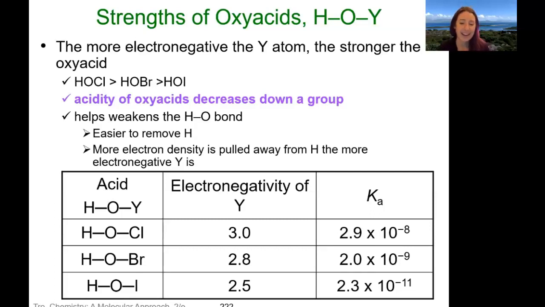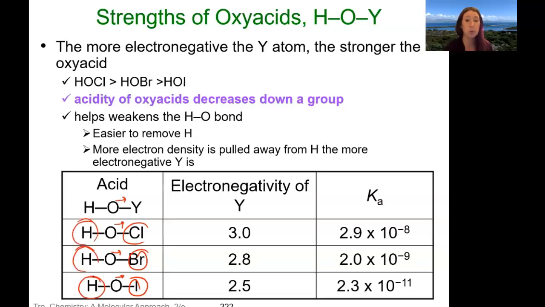It's all right. Okay. So the more electronegative the element is, like the Cl, the Br, or the I, right? The more electronegative it is, it's going to pull the electron density away from the O, leaving this hydrogen more exposed.